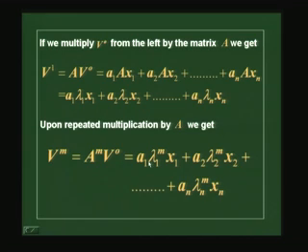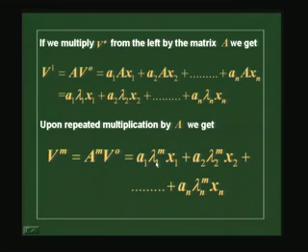And then if lambda 1 is the largest eigenvalue in this, right, then if I take lambda 1 to the power m out of this equation, I will have A1 x1 plus A2 lambda 2 by lambda 1 to the power m x2 plus A3 lambda 3 by lambda 1 to the power m etc. up to An lambda n by lambda 1 to the power m xn.